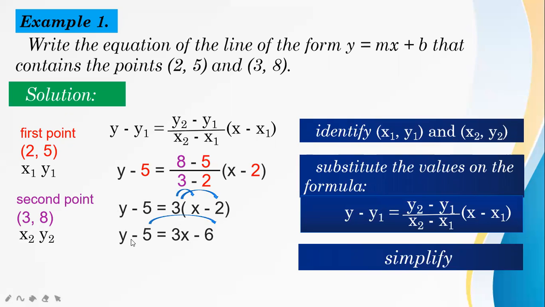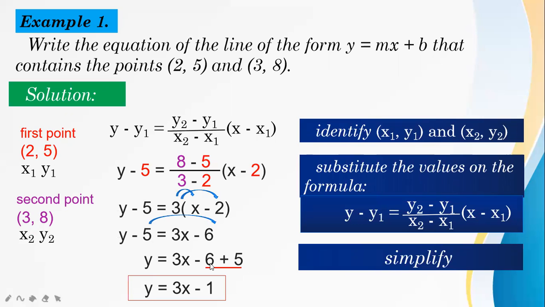Then transpose y, your x minus 5 transpose. So we have y equals 3x minus 6. Then your negative 5 will become positive 5. Then you add this, negative 6 plus 5. And we have y equals 3x minus 1.